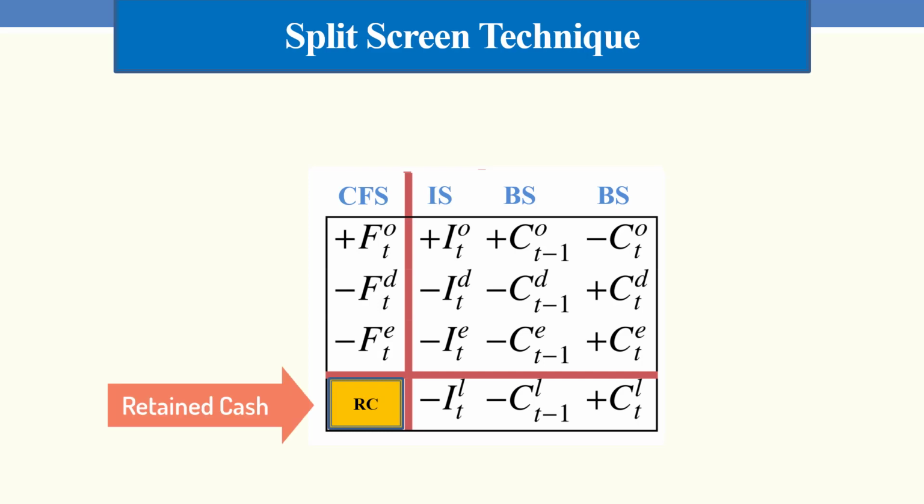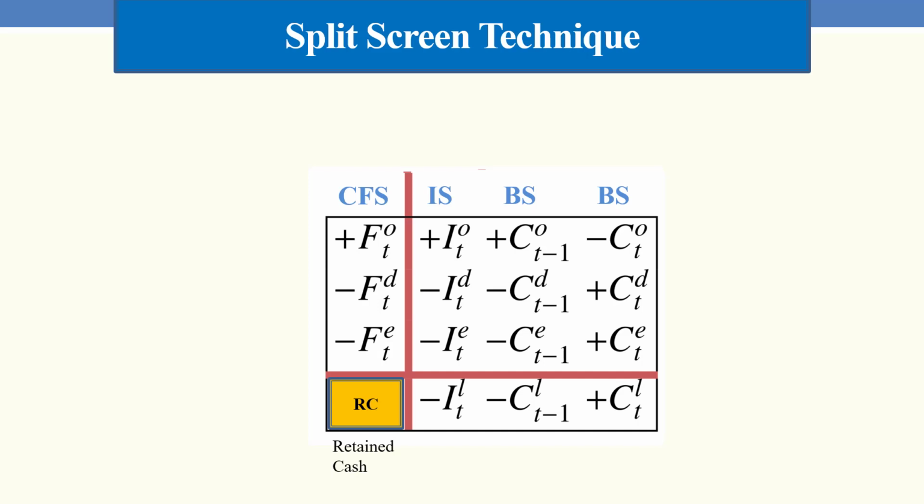More precisely, if it is positive, then it is cash retained, that is, cash flow which is generated by the operating assets, which is not distributed to the claim holders, and is invested in liquid assets, or simply deposited in bank accounts. Otherwise, if it's negative, it represents withdrawals from liquid assets.